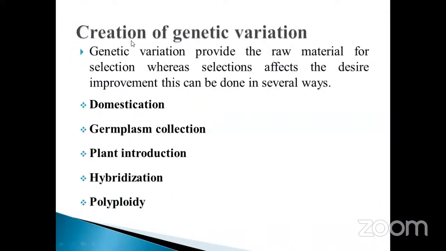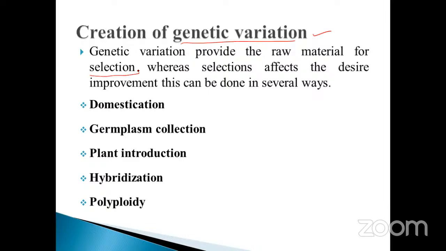See that one? The creation of genetic variation. The genetic variation provides the raw materials for selection, whereas selection affects the desired improvement. This can be done in several ways. Selection is a very, very important criterion in this category. Genetic variation: which plant, which animals we are going to use to create the new variety, that you must select.